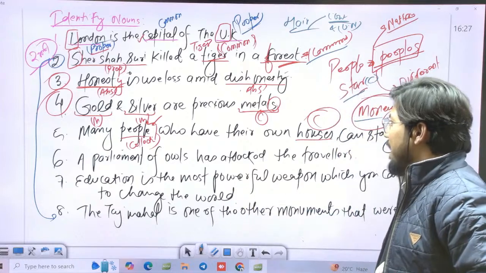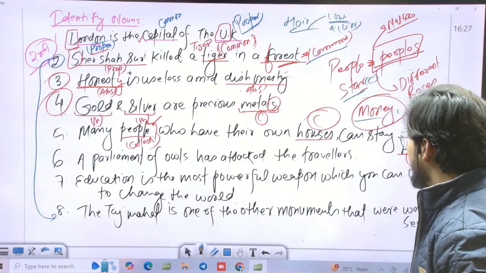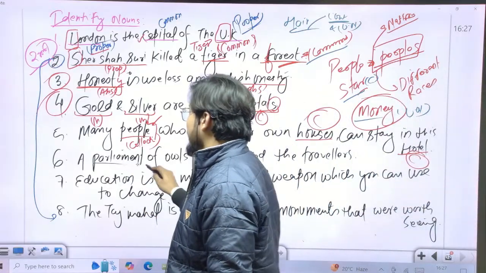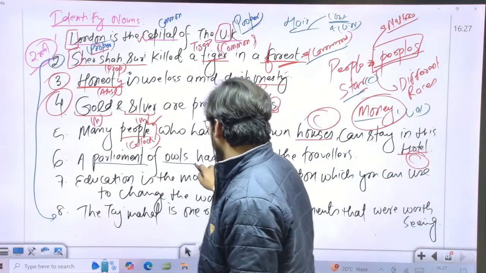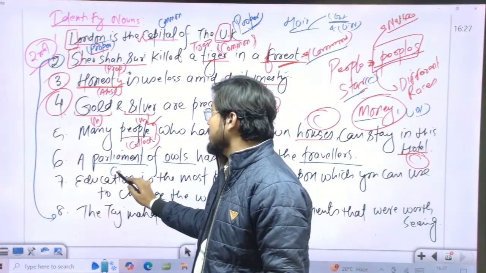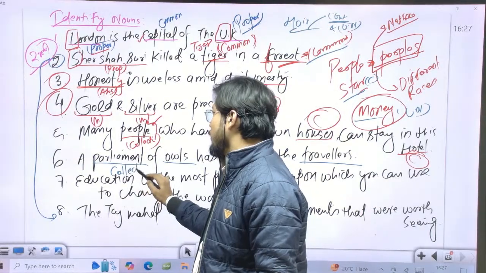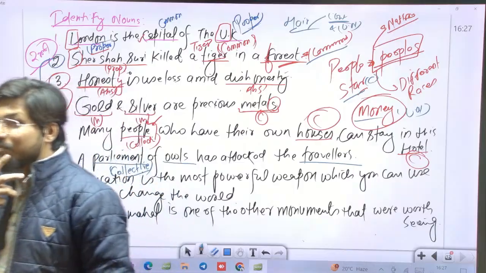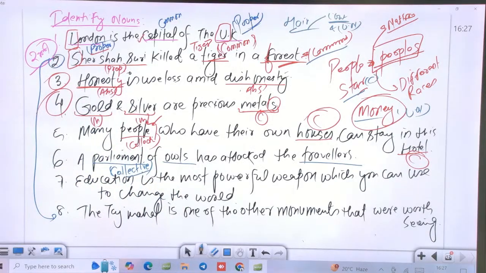Question number 6. A parliament of owls has attacked the travelers. We can see parliament, owls, travelers. Parliament is a collective noun. Don't say otherwise; I'm not talking about the parliament where the intellectual people sit.